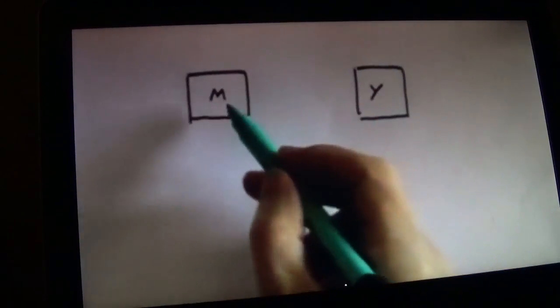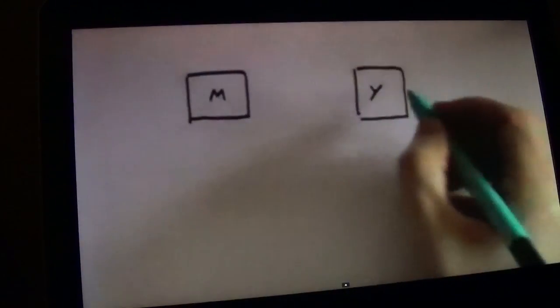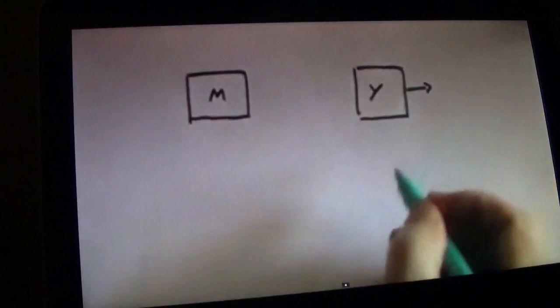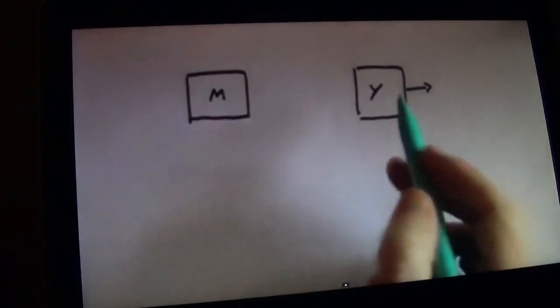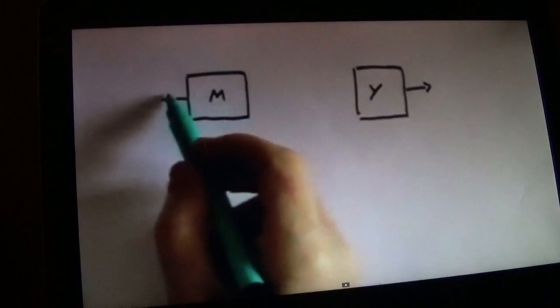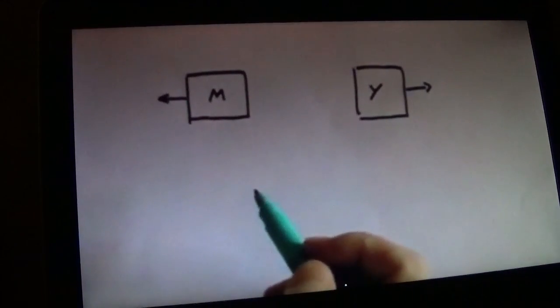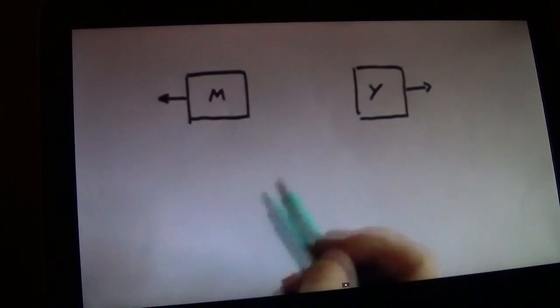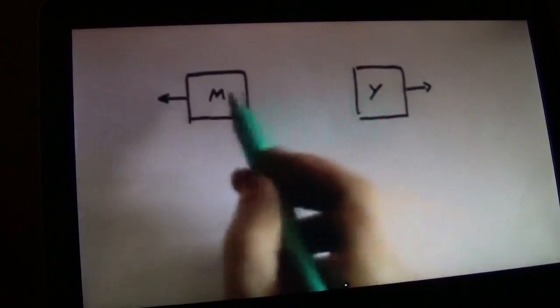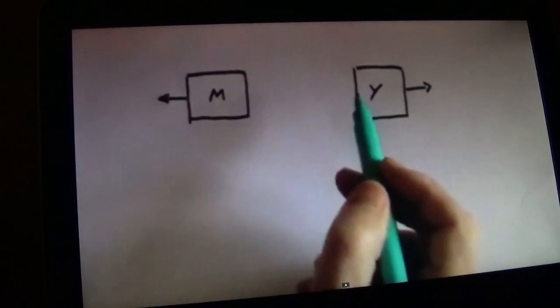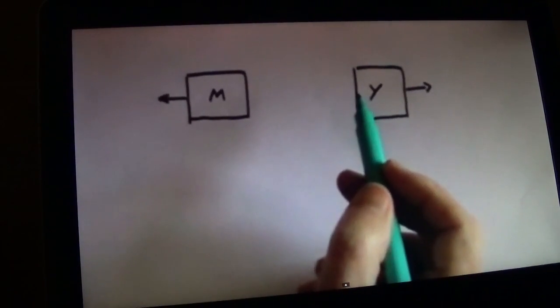I might think that I am stationary and you are moving away with a certain velocity v to the right. You might think that you are stationary and I am moving away with a certain velocity to the left. Or it could be that we are both moving away from one another with a combined relative velocity of v.